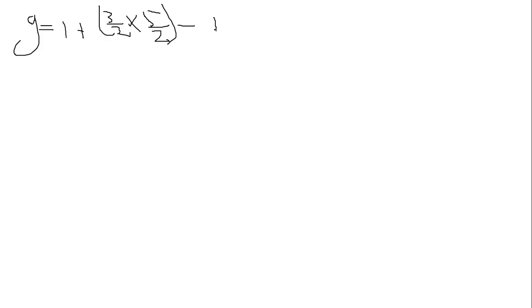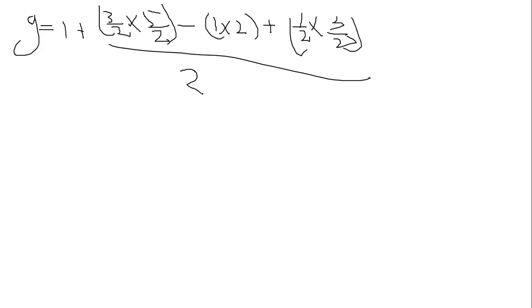L is 1, so L into L plus 1 is 2, plus S into S plus 1. S is half, so S into S plus 1 is 3 by 2, divided by 2 into J into J plus 1, that is 3 by 2 into 5 by 2.